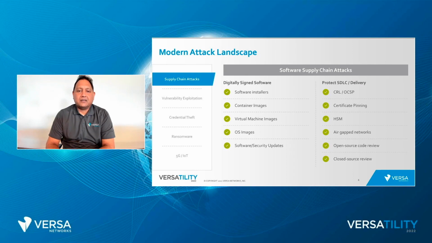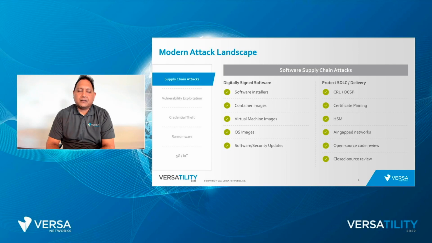Everything needs to be signed and provided by the supplier. And the second part is that when the customer downloads or installs the software, they need to digitally verify that these digitally signed software are indeed authentic, and that they're downloaded from the manufacturer's website itself, right?